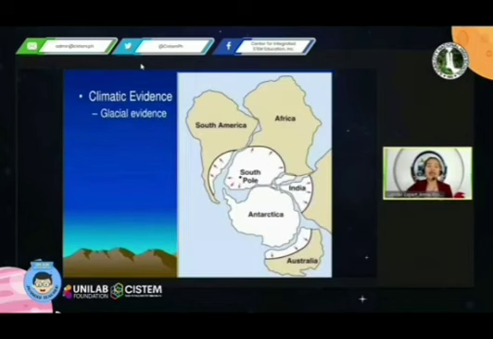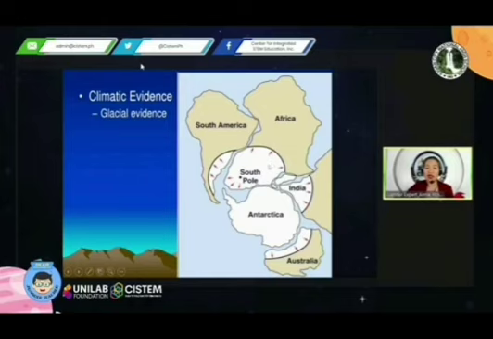Right. So the next evidence I'm going to show you is the glacial evidence that was found on the continents of some of the tropical countries and some of the polar continents, like Antarctica, South Pole, India. So in this, probably these glacial striations or glacial marks, when these continents drifted, left marks over here.